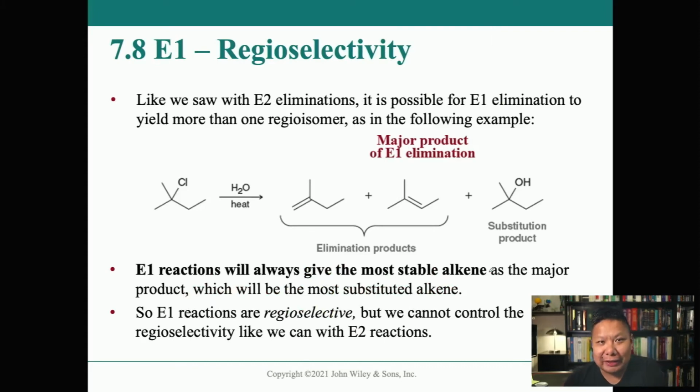So like we saw with E2 eliminations, is it possible for an E1 elimination to yield more than just one regional isomer, as in the following example? Right? So here, again, we have the chlorine leaving as a leaving group, and we'll end up with a tertiary carbocation.